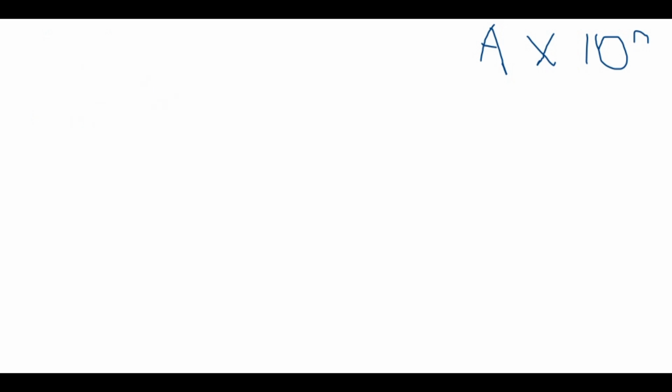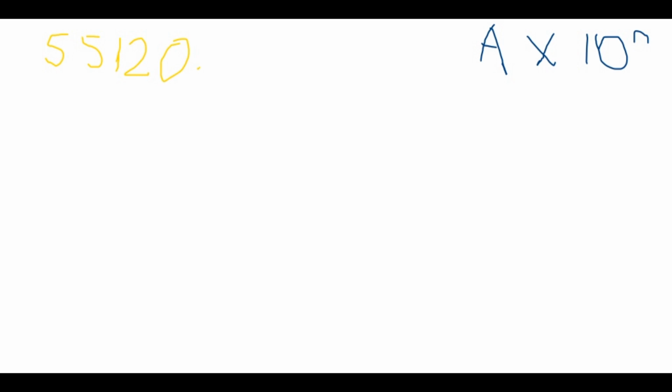Let's look at another one. Let's say we are asked to convert 55120 to standard form. Now remember what I said in the other examples, you can see it as 55120 point.